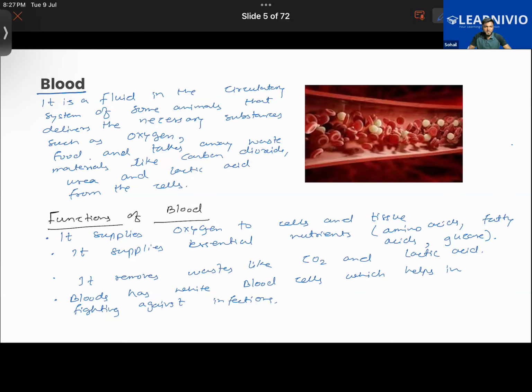Next thing you'd be writing down is that it regulates the body temperature. Regulates the body temperature. Got this now? So write down this much and do let me know once you are done.